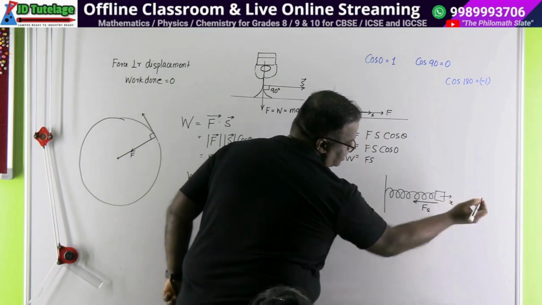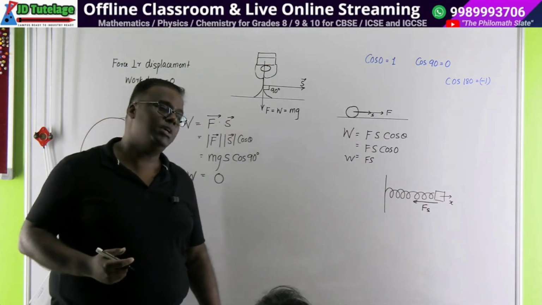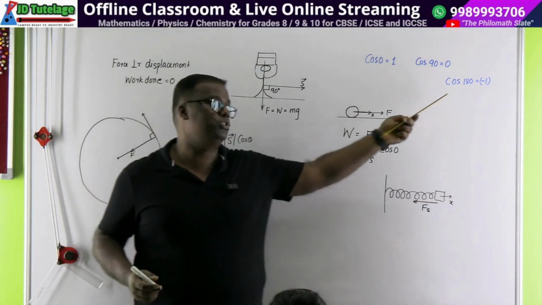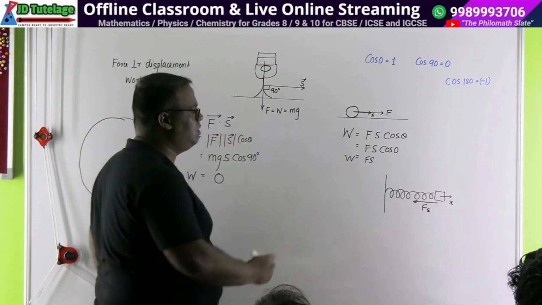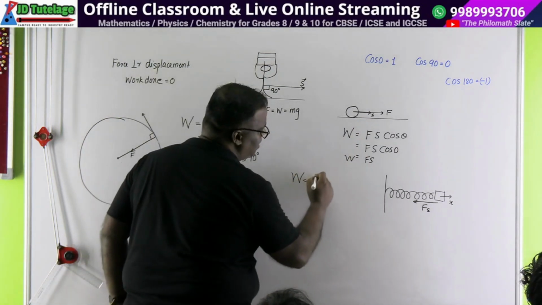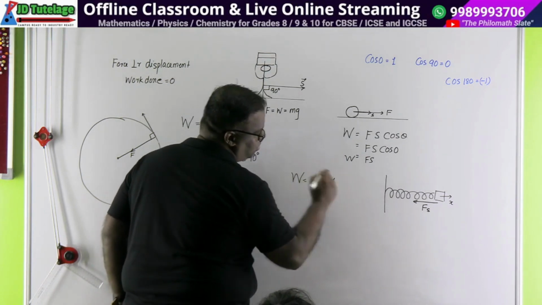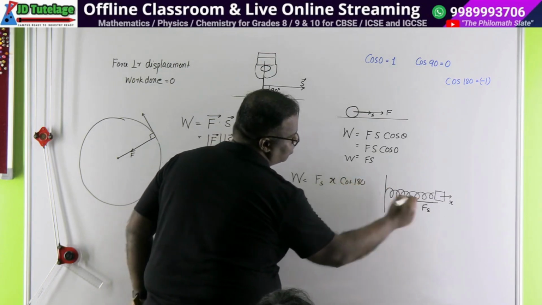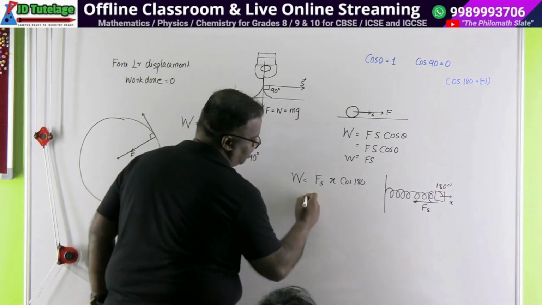On this side. X is going this side, and the spring force is on this side. Work done by the spring force will be, a book will say work done when force is opposite to displacement is always negative. We don't buy that. We will say work done is again the same: the spring force into the displacement x into cos theta. But here theta is 180 degrees. What is the value of cos 180? Minus.